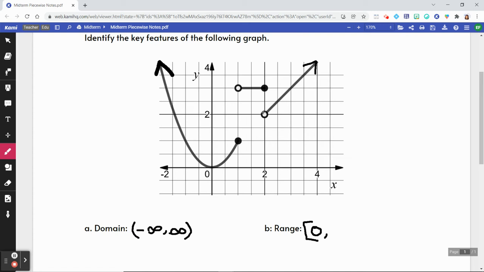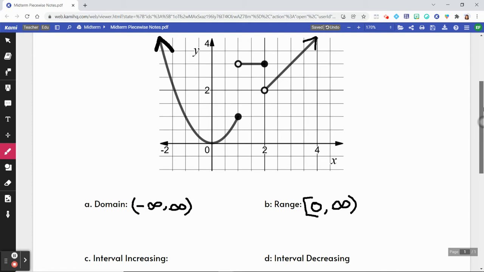So we definitely have all of these values accounted for either in one place or multiple places, again going on for infinity. So we can state that our range is 0 to positive infinity. So domain again is all your x values, range is all of your y values.